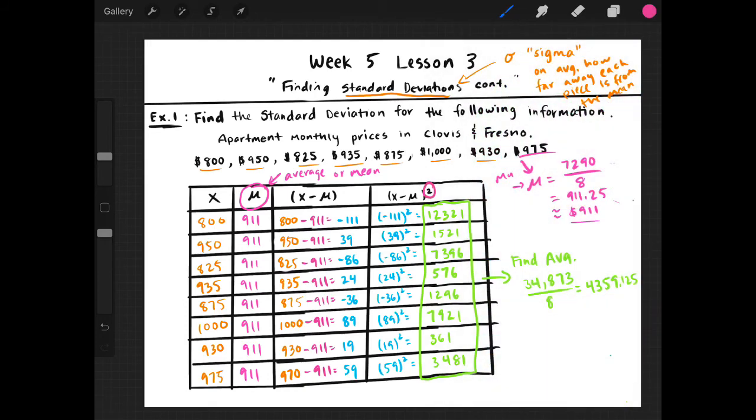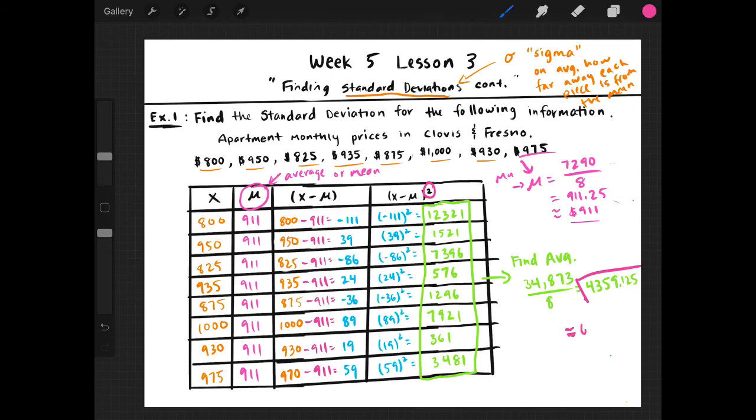Now, if you remember, we're not done there. That's not our standard deviation because we have to go back and we have to undo this squared right here. The very last step is you take that result, that average, and you do the square root. So I'm not touching anything in my calculator. I'm leaving it as 4,359.125, and I'm just going to hit the square root button.